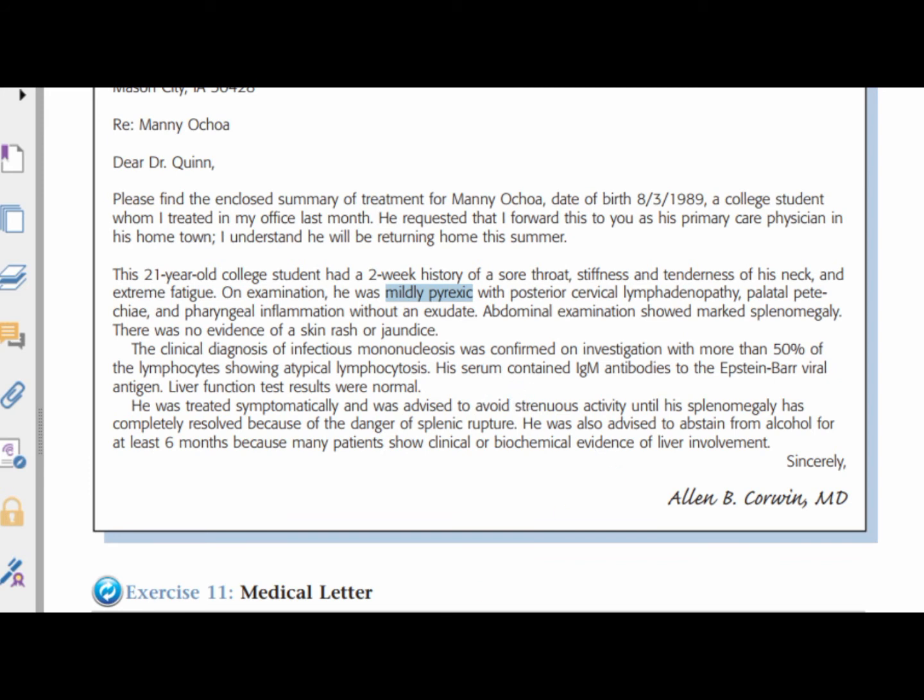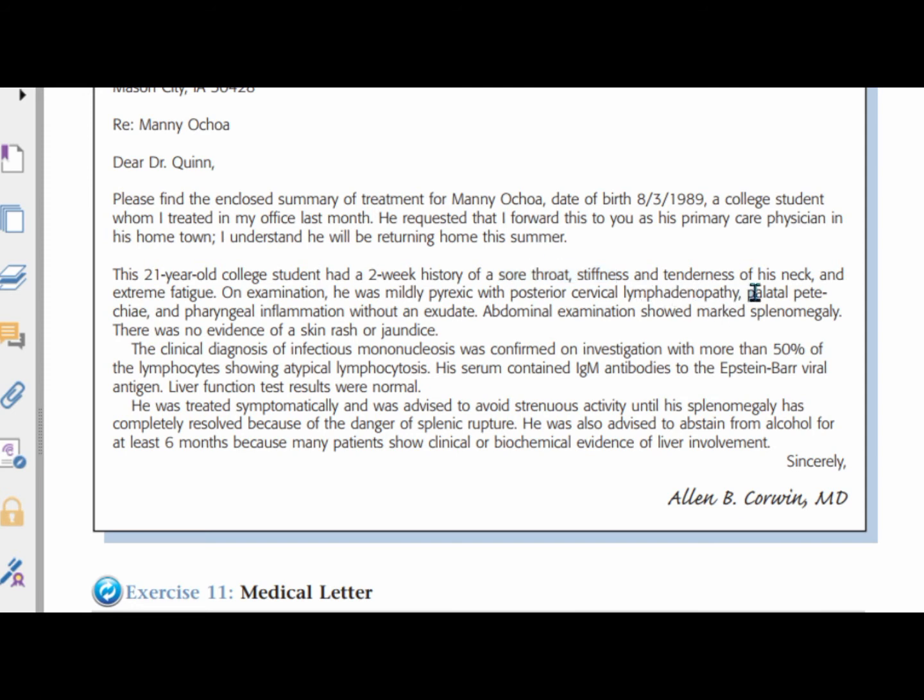On examination, what phrase might explain why his throat was sore? So basically, sore throat. So naa siya, kung anong sore ang iyang throat.